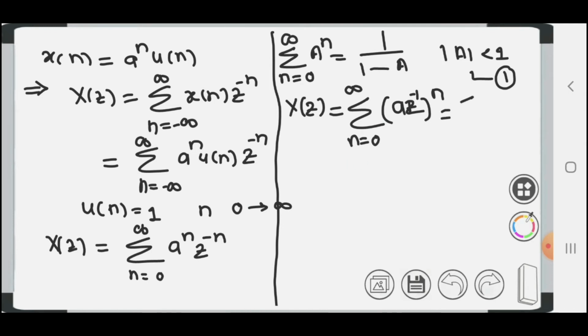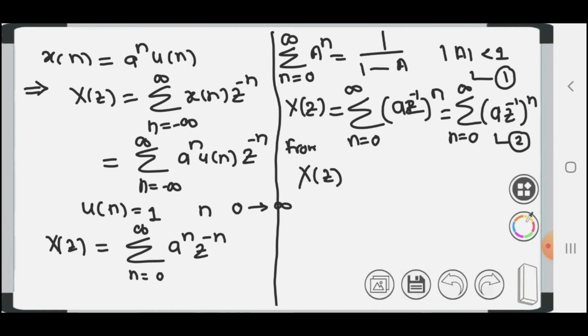So, it will be like summation n from 0 to infinity, a z inverse raised to n. So, now you can compare this equation 2 with this equation 1.